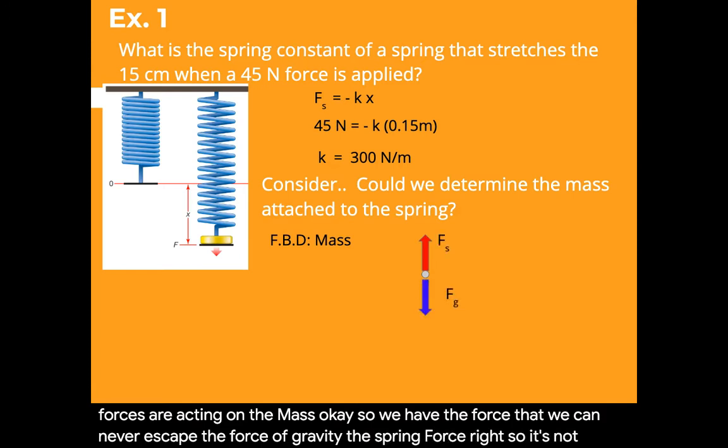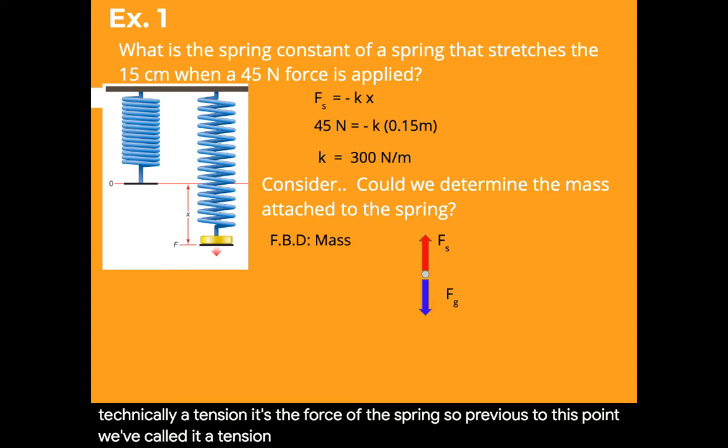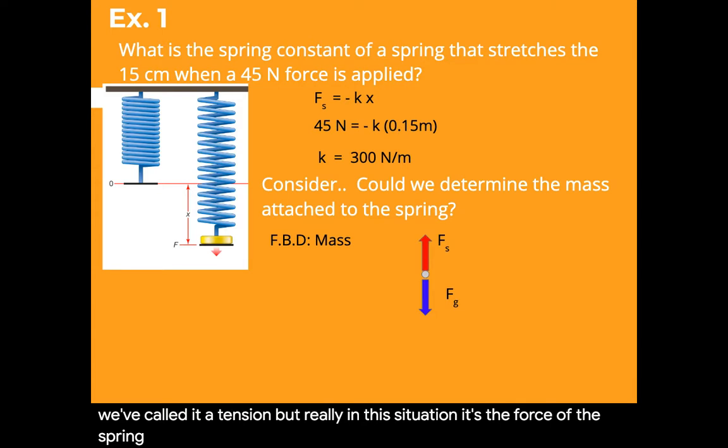So it's not technically a tension, it's the force of the spring. So previous to this point, we've called it a tension, but really in this situation, it's the force of the spring on the mass.